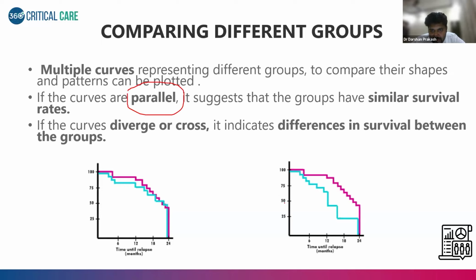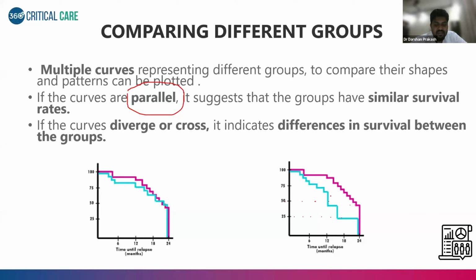At the end of 24 months, the survival probability is only around 25% for the blue line as compared to the pink line, where at the end of 24 months the survival probability is roughly around 50%. So this is what we need to understand. If there is a difference between the two groups based on that particular timeline, then we will know what the survival probability is.